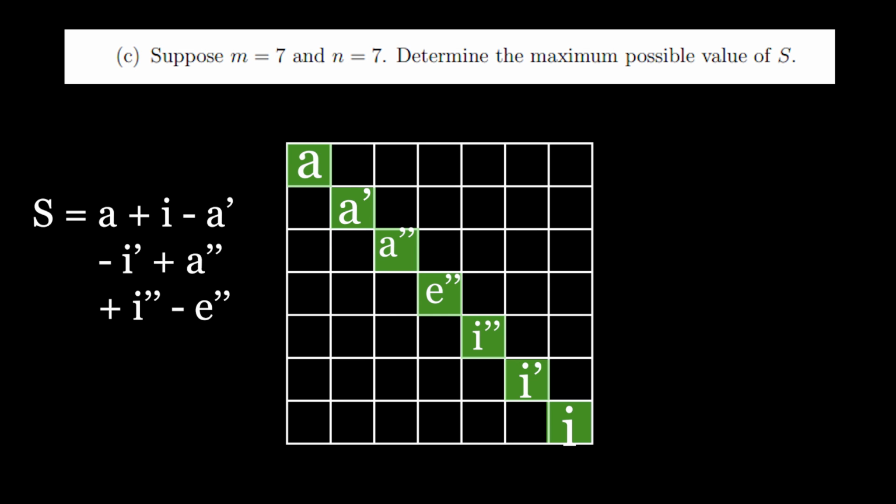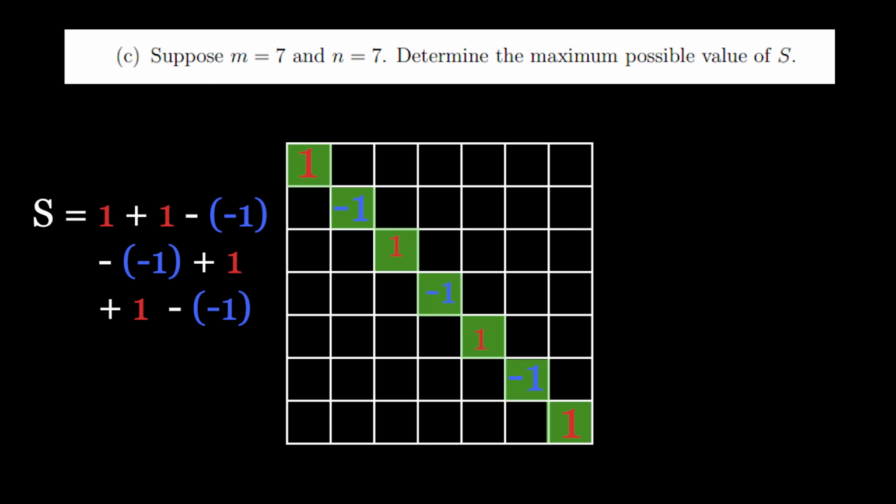In order to find the maximum value of S, we need to make the 7 squares equal to their extreme values. What I mean by this is that for every square we add, we make them equal to their maximum value, which is positive 1. And for every square we subtract, we make them equal to their minimum value, which is negative 1.